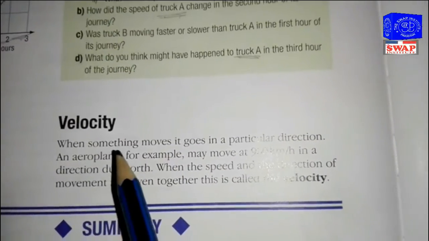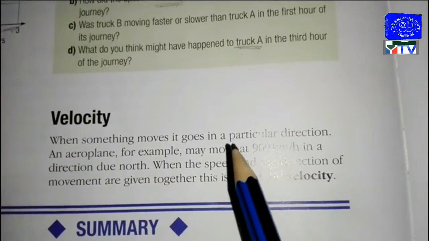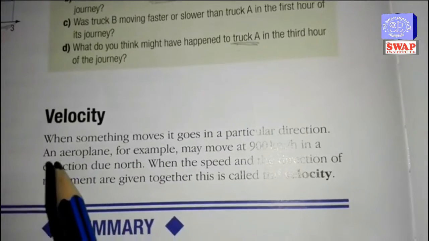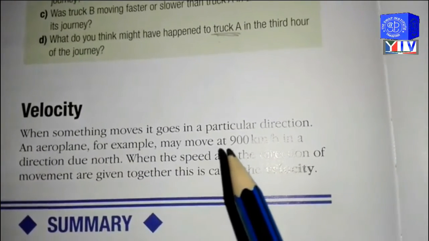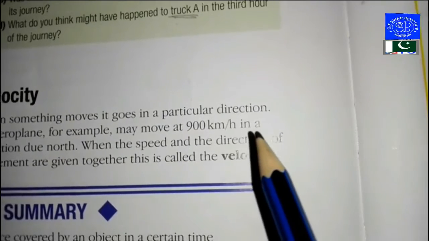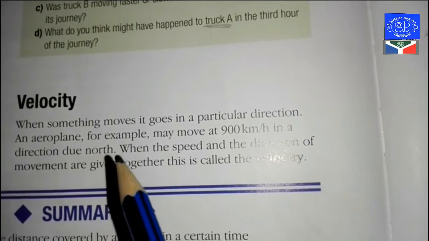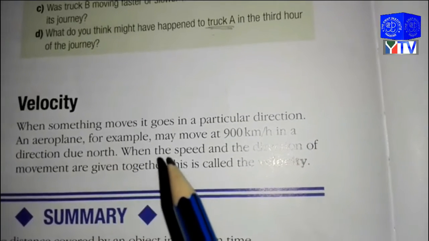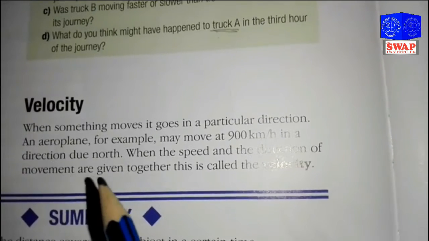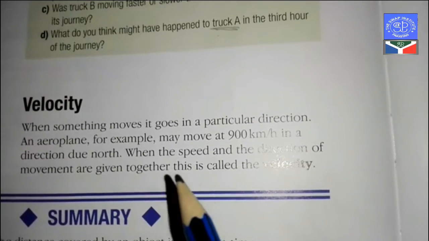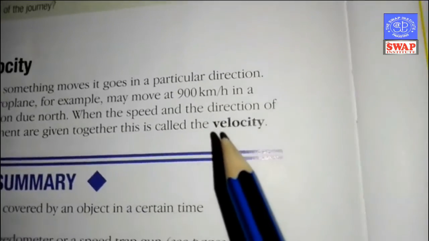Velocity. When something moves, it goes in a particular direction. An aeroplane, for example, may move at 900 km per hour in a direction due north. When the speed and direction of movement are given together, this is called velocity.